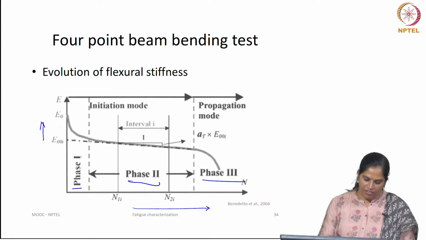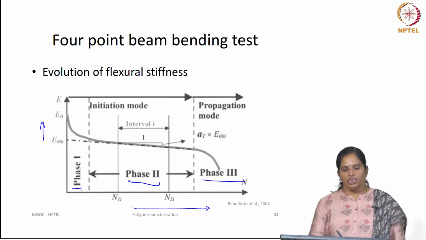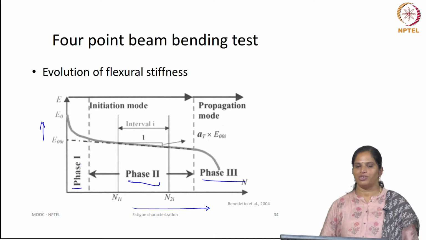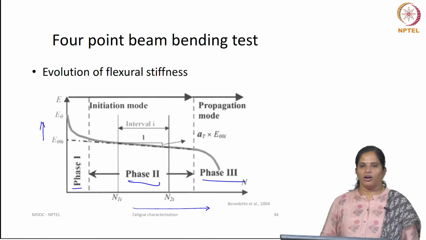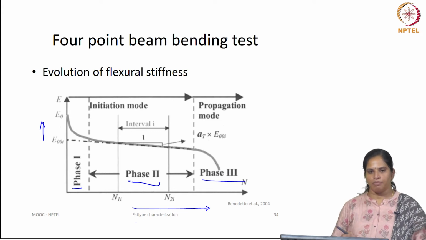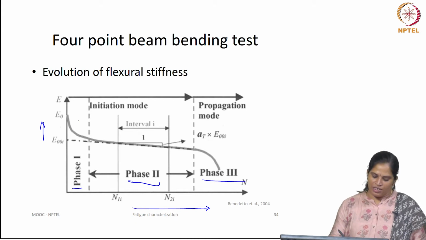The initial phase is not due to damage accumulation. This initial decrease may be attributed to steric hardening of the sample or to initial thermal changes happening due to the beam loading. So, we ignore this initial decrease in the flexural stiffness.